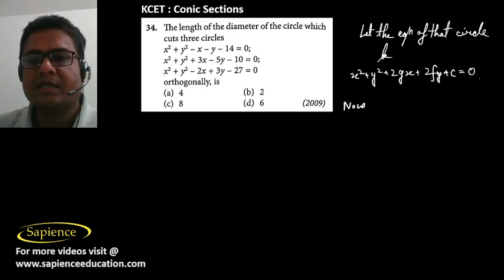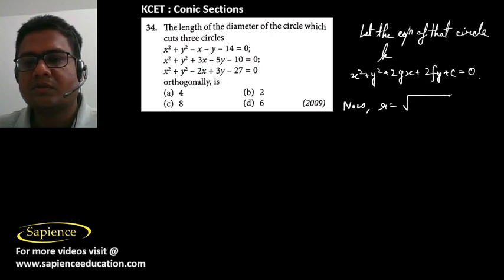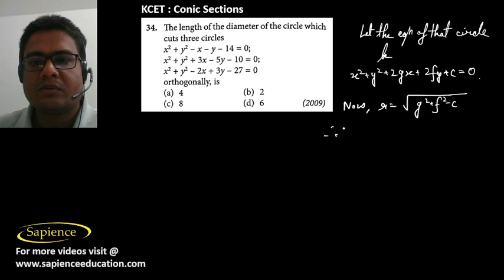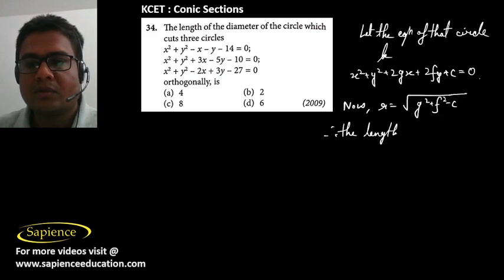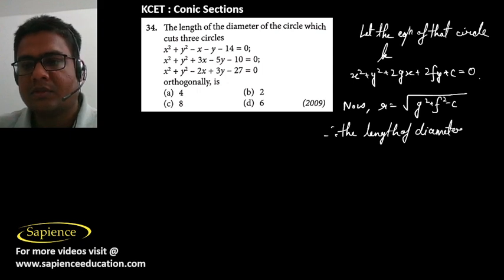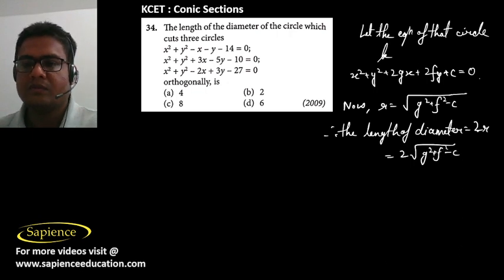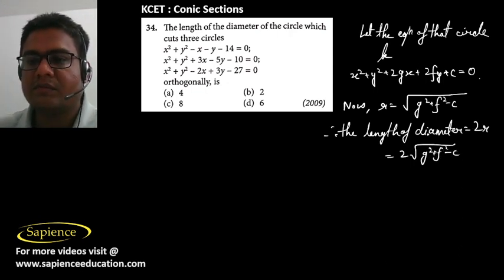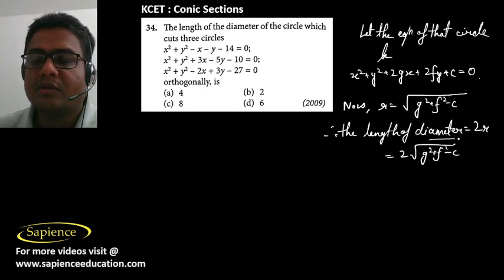Now the radius of that circle will be equal to square root of g square plus f square minus c. Therefore the length of the diameter of this circle will be equal to 2r, that is 2 into square root of g square plus f square minus c. So first we need to find the radius, then we can find the diameter also.